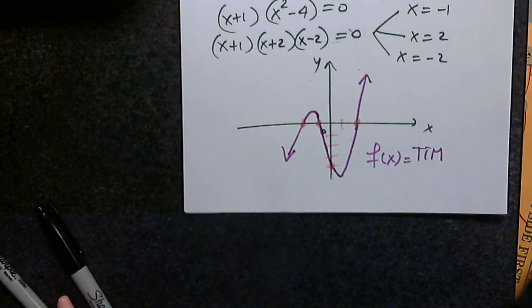Minus 4x minus 4. And let's use Zoom 6 standard. I don't like it. But let's say, oh, I do like it. I thought it would be too close here. So it's coming from negative infinity, crossing at negative 2, 0.